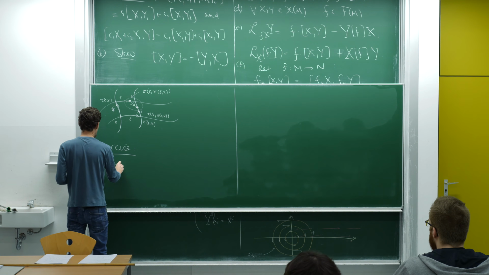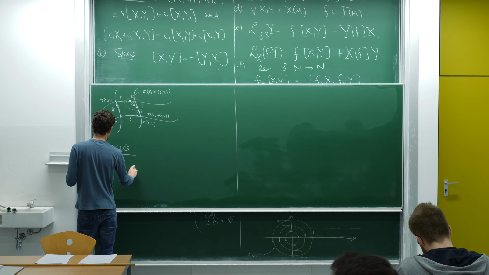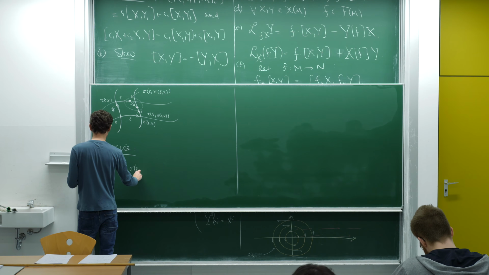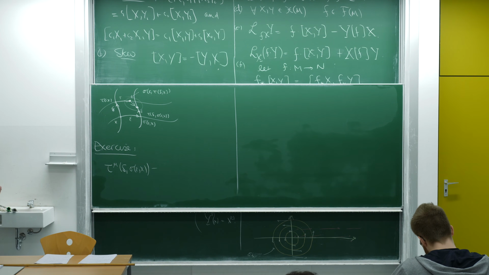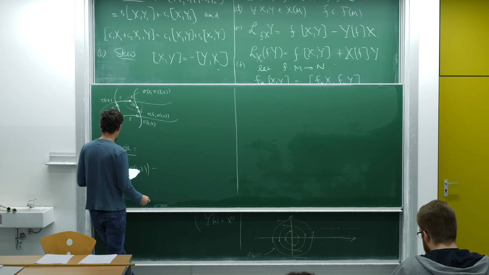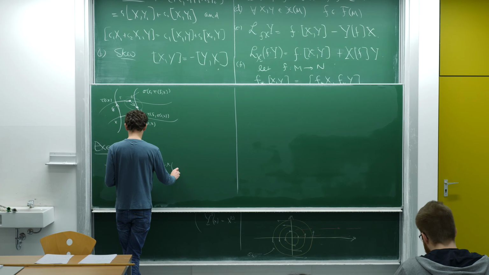In coordinates, study to first order in epsilon, first order in delta, but to second order in epsilon delta, the difference between flowing first by sigma then mu, and then first by sigma then tau, and then tau and then sigma.